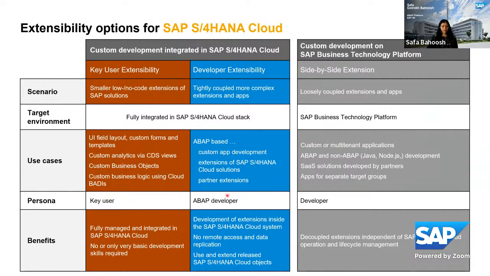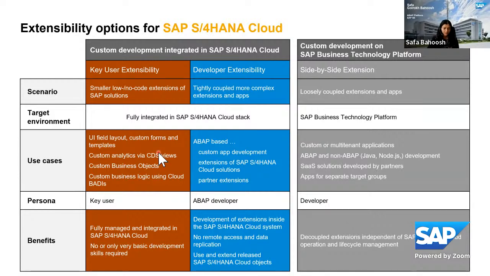Of course, if it regards the S/4 on-premise environment, you would have another pillar here with classical extensibility like what you already use. So we have the key user extensibility for smaller low-code, no-code extensions of our SAP solution, which covers everything from adapting your UIs, creating APIs, to developing some basic business logic within the systems.